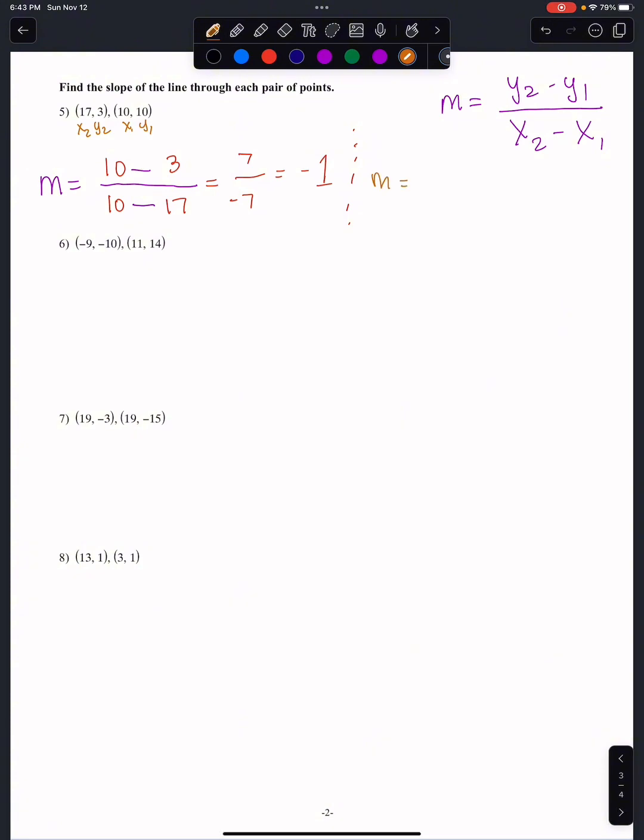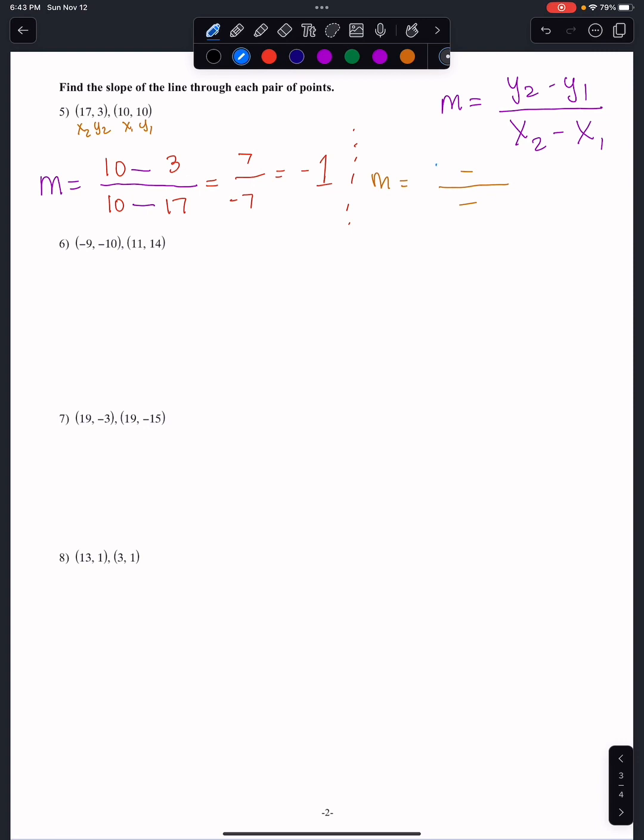So M equals, go ahead and put a line here, put your minus sign. This time our y2 is 3. Our y1 is 10. I'm going to use blue. I'm going to switch this to blue. There we go.